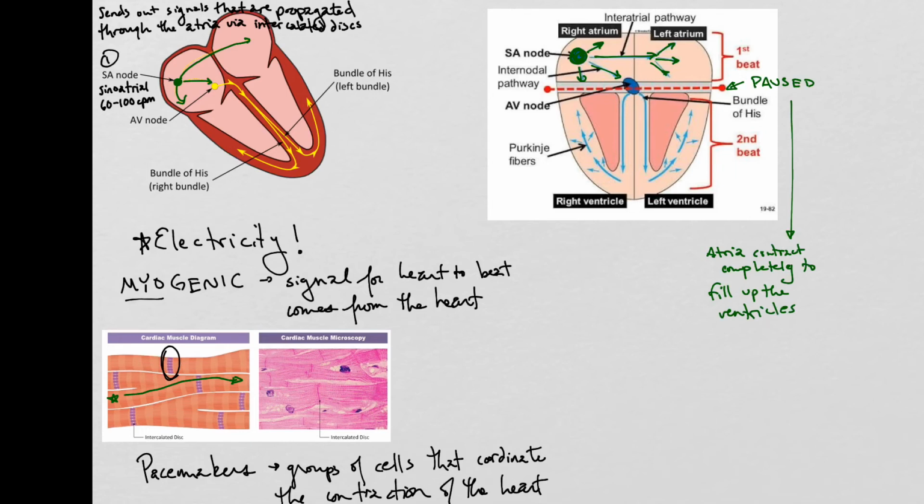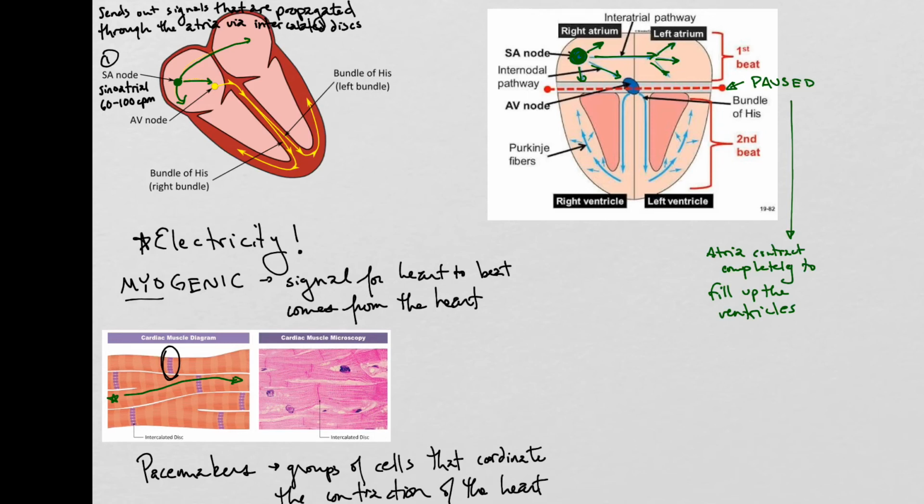Your heart wouldn't be very efficient if the atriums pumped so quickly that the ventricles couldn't even fill up before they pumped. That would not be very effective. So this pause is incredibly important.